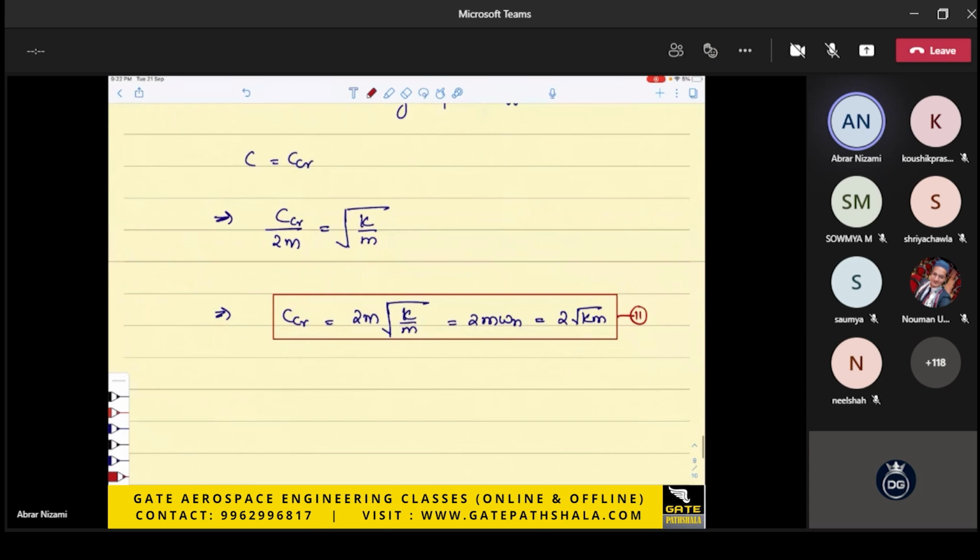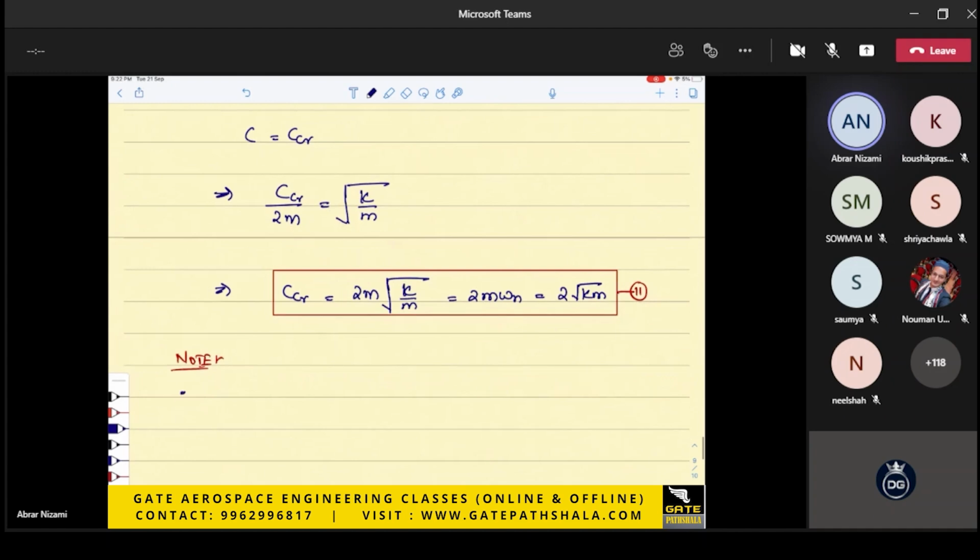Write one note. In the note you write these points. For a critically damped system, xi equals 1 implies C equals CCR.